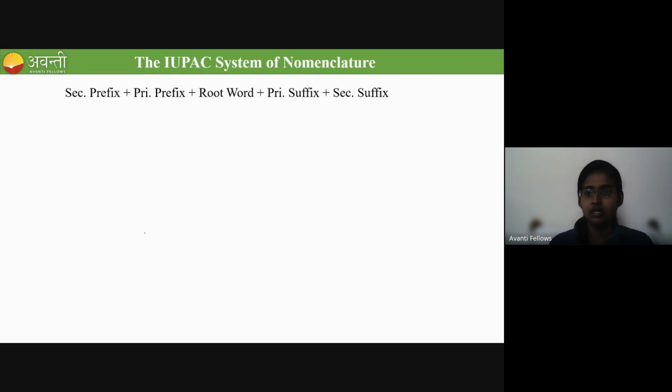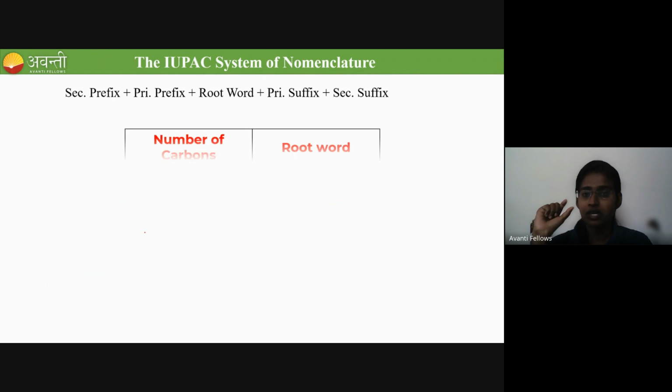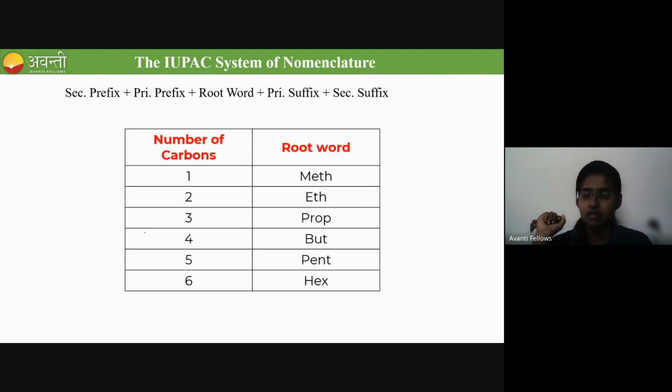So I'll go with the root word. If I have only one carbon in my compound, then the root word is meth. If I have 2 carbons, eth. 3 means prop, 4 but, 5 pent, 6 hex. If you have 7 carbons, it is hept.